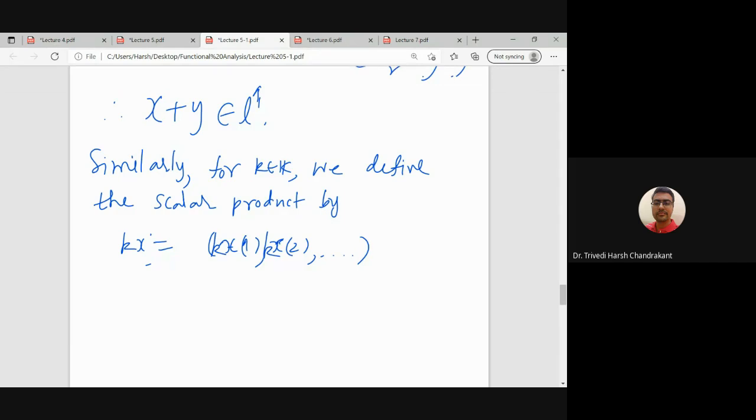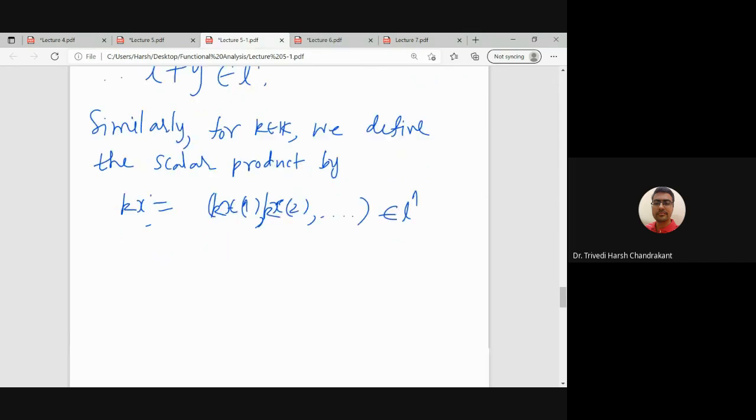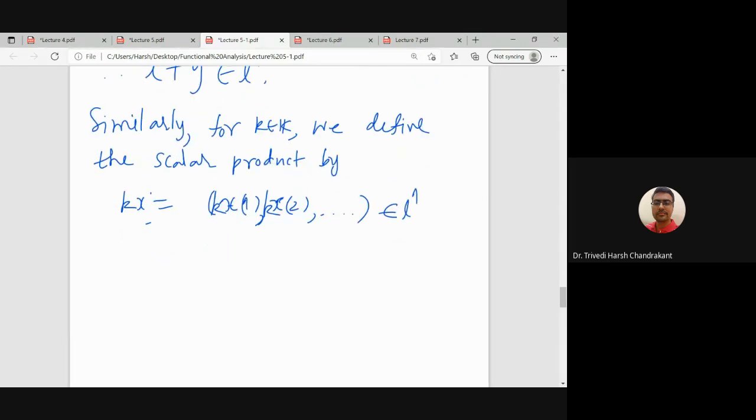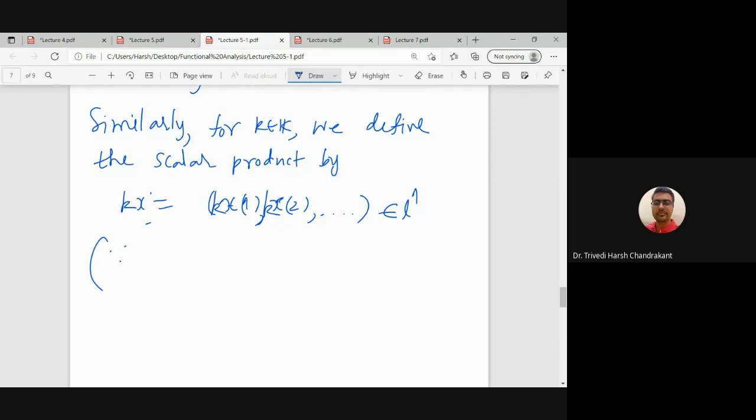So we need to check whether this is in L1 or not. This is in L1 because again we are going to use that x belongs to L1. That means the summation of |xj| is convergent.